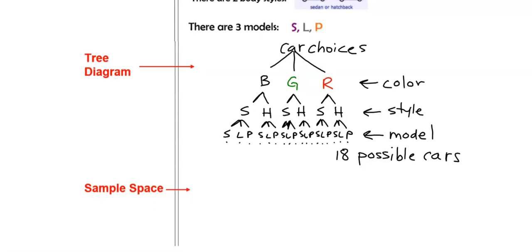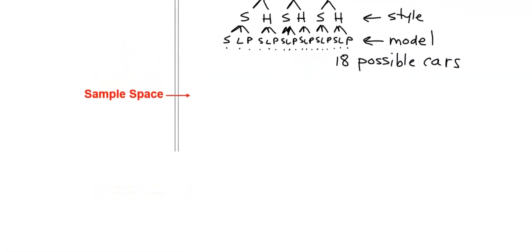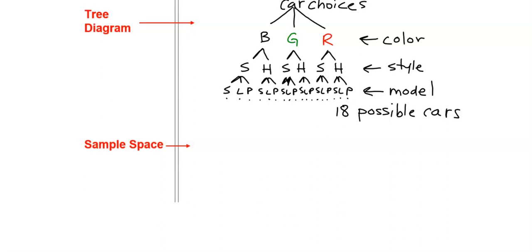All right, the sample space. This part can get a little bit annoying and tedious, but your sample space is just a list of all of your possible outcomes. So really no different than what we just did, except we are literally going to list each car combination. So I always start on the left-hand side or on the top if you drew it the other way, and we're just going to follow each tree branch.